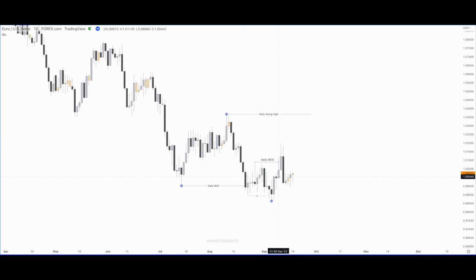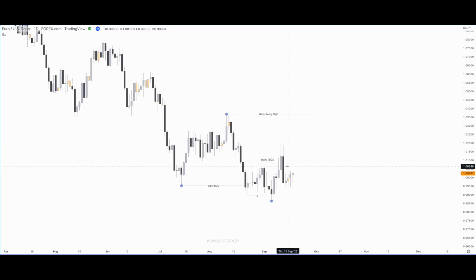But we also need to be aware in the back of our minds that, of course, the internal structure is bullish and can stay bullish, right, to potentially mitigate the extreme of this leg. And it's not until we get a bearish IBOS that then confirms the end of the swing pullback, right? So that's always a possibility.